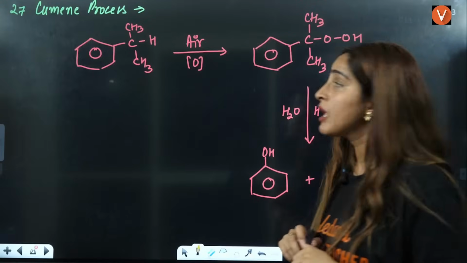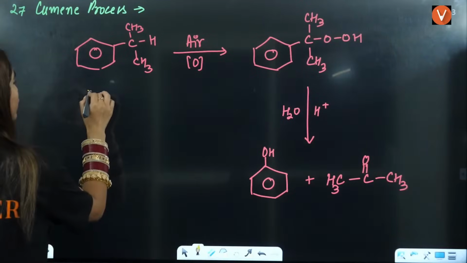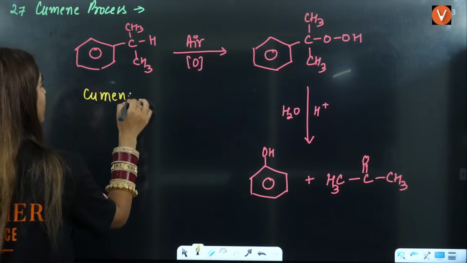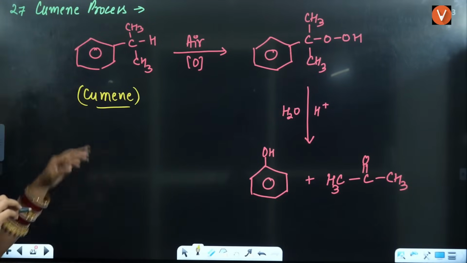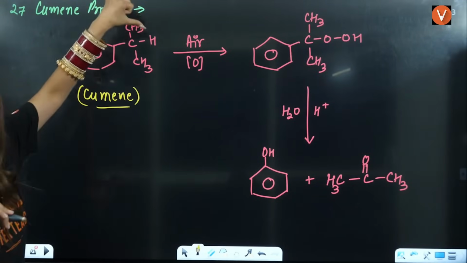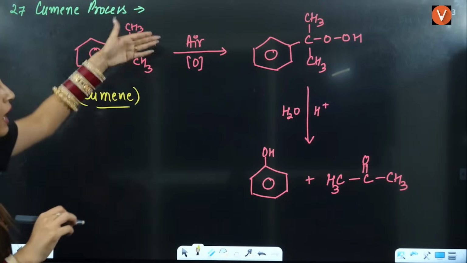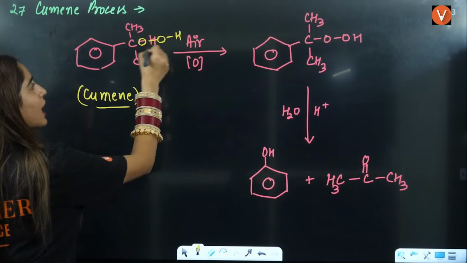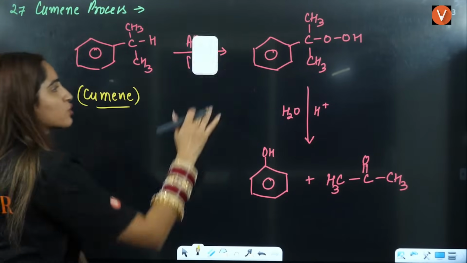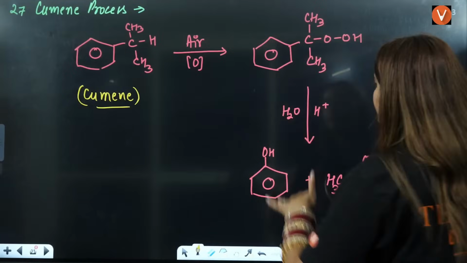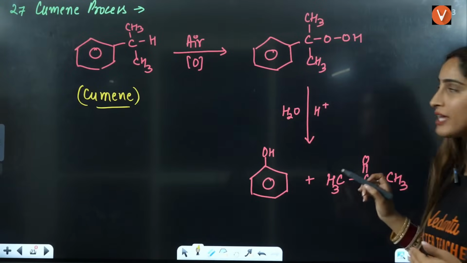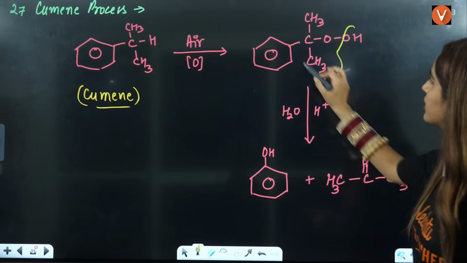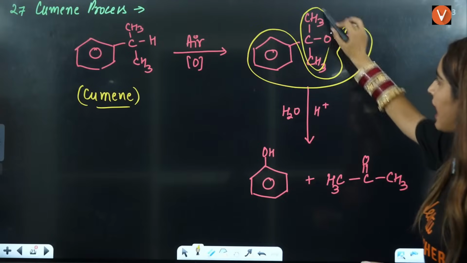This is basically called cumene. In cumene, you have isopropyl here. When you add air, this will be converted to a peroxide, OOH. After that, you hydrolyze it. You will get the formation of phenol and acetone here.